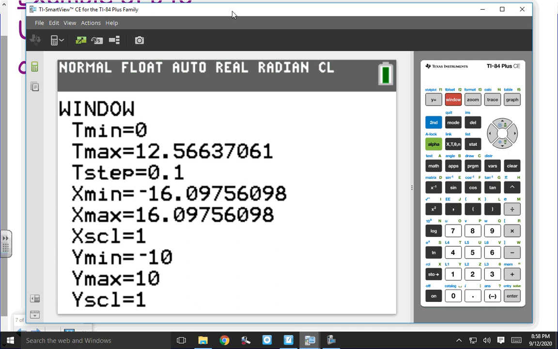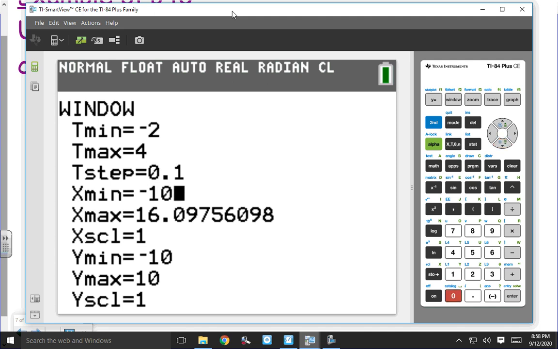So I'm going to go from -2 to 4. And I'm going to use a t-step there of 0.1. And I think I'll just do this in the standard window here. You could zoom in perhaps a little bit if you wanted to.